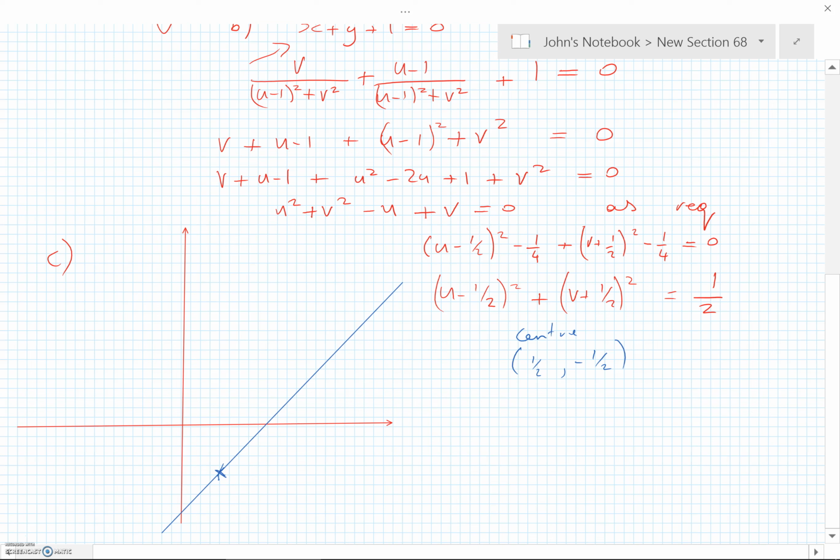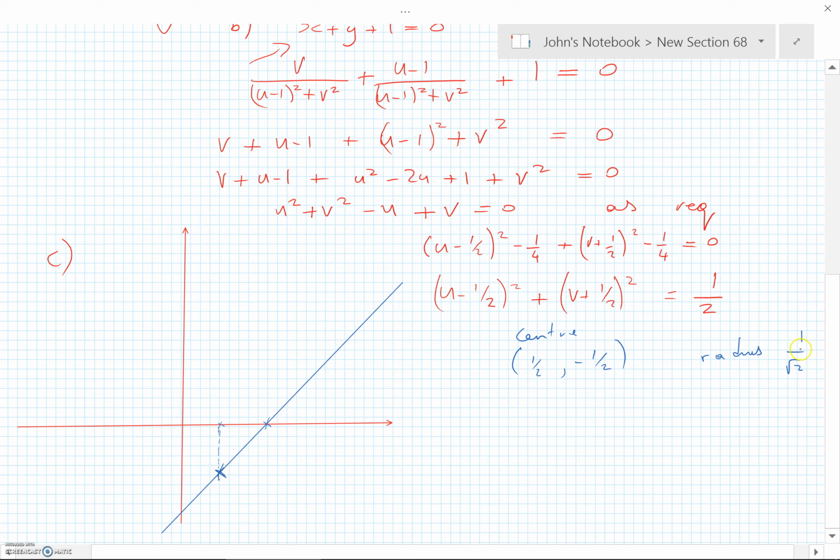We've got a radius of 1 over the square root of 2. Now, if you think about it, I suspect the length from here to here is equal to a half.